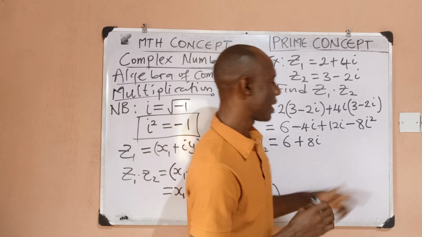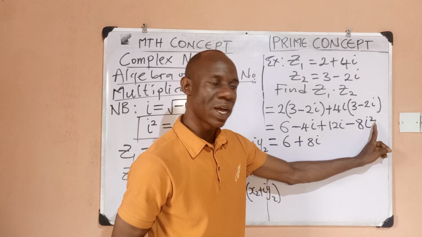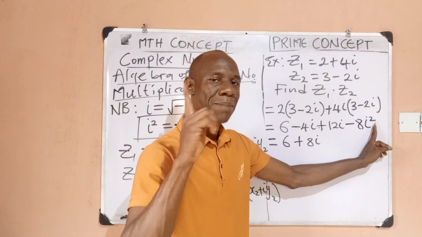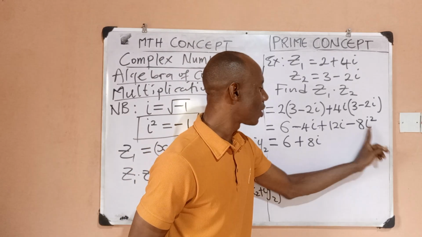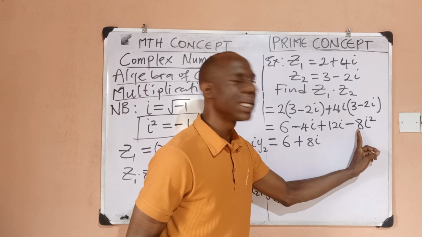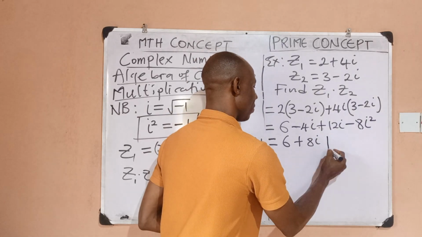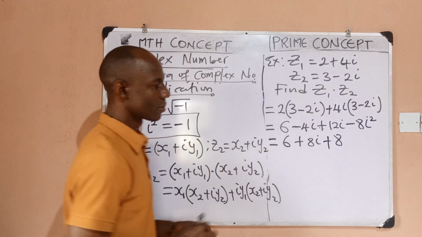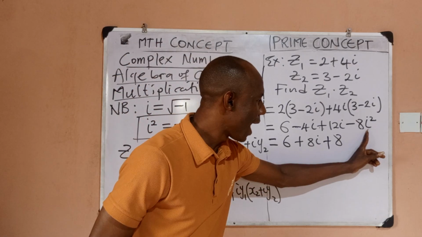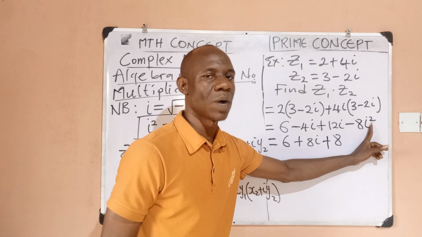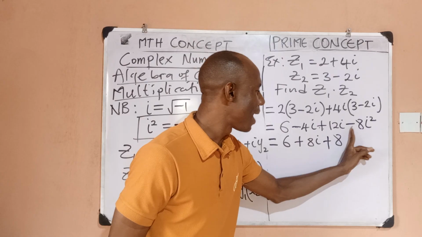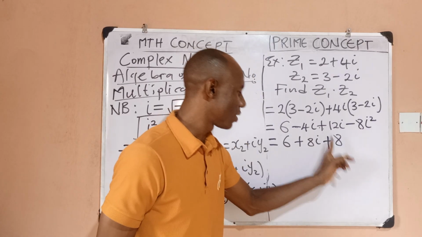Then on this other side, remember i squared, we agreed, i squared is actually minus 1. So minus 1 times minus 8 would now give me what? Plus 8. I re-explain. i squared would give me minus 1. Minus 1 times minus 8 gives me plus 8.